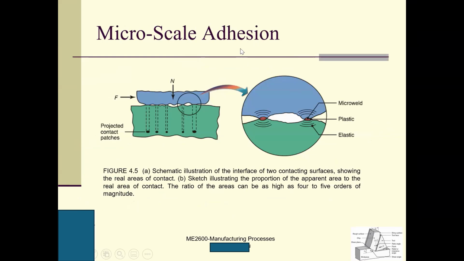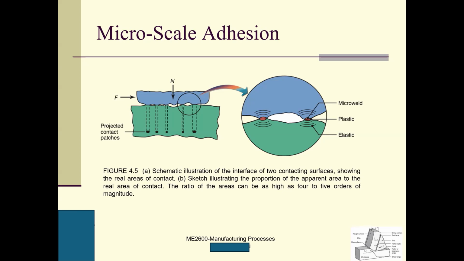So then we talk about adhesion. Right? So micro scale adhesion, small scale adhesion. Adhesion means glue, coming together. So this is the interface of two contacting surfaces and shows the real area of contact. This one illustrates the proportion of the apparent area to the real area of contact. The ratio of the areas can be as high as 4 to 5 orders of magnitude.